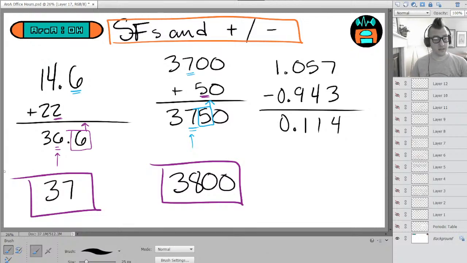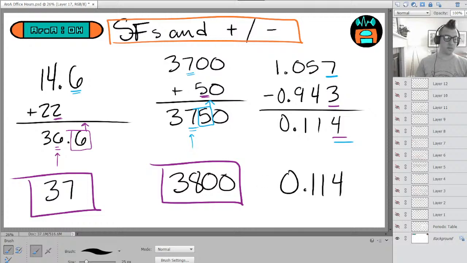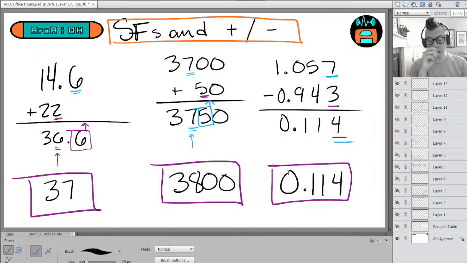You'll notice that for both of these numbers, their last significant digit is in the third decimal place. And you'll notice our answer actually has its last significant digit in the third decimal place, so no rounding is necessary here. Our final answer will be 0.114 because that has the correct number of significant figures.